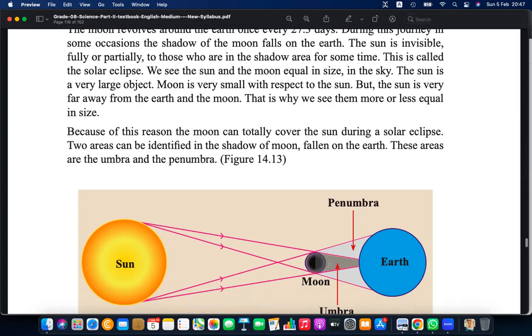Therefore the sun and moon look relatively equal in size, so the moon can cover the sun. Otherwise, it would not, right? If both were the same size and at the same distance, then it could not cover it. Even a small object, if it is closer to you, you can see much bigger. So that is what happened here.